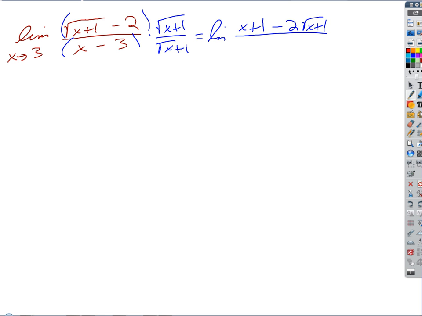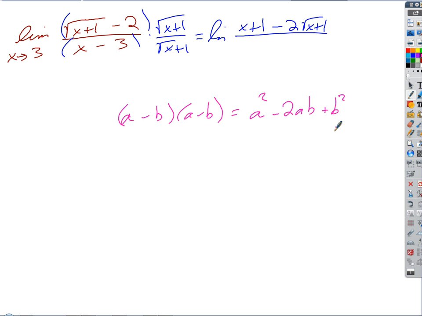See, here's the problem with this. If I just multiply a minus b times a minus b, I get an a squared, good, minus 2ab, bad, plus b squared, good. The squares are good, right?